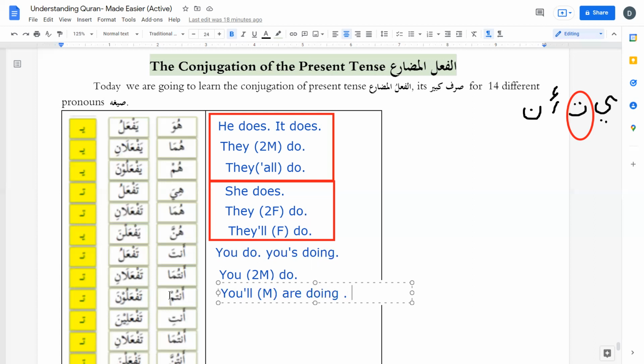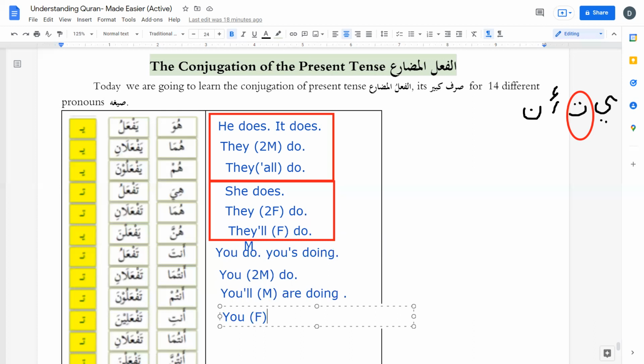And then anti is you, but it is you when someone is talking to a female. That one was you male, and this one, anti, is for you when the person is a female.